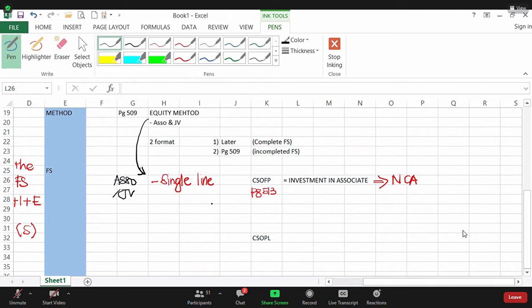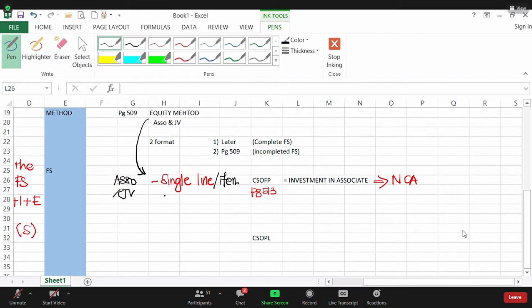Can you go to A, Shahira? The investment account will be shown as a single item at its carrying amount. Okay, thank you. So you're going to show a single line or single item.